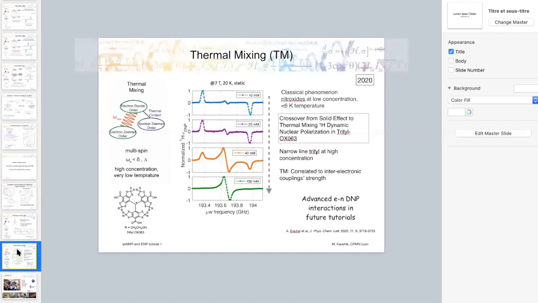It is not uniform over different nuclei because it scales with the gamma ratios. So it is just like cross-polarization. For example, enhancement on carbon should be 4 times higher than on proton, because gamma E divided by gamma N is the enhancement. So it is generally high for carbon and it's even higher for nitrogen and so on.